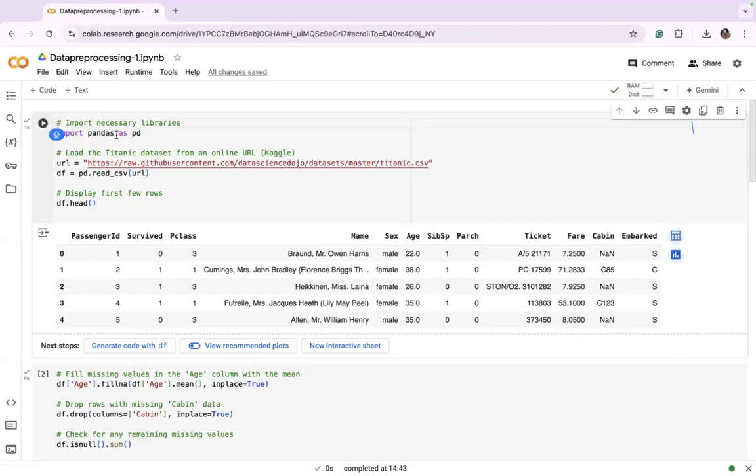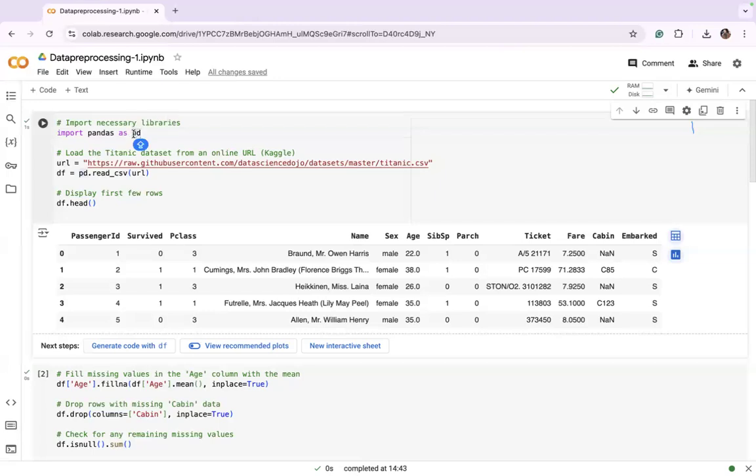So we need pandas here, because for the analysis I have to do, I depend on some functions that are available in the pandas library. See, import pandas as pd.